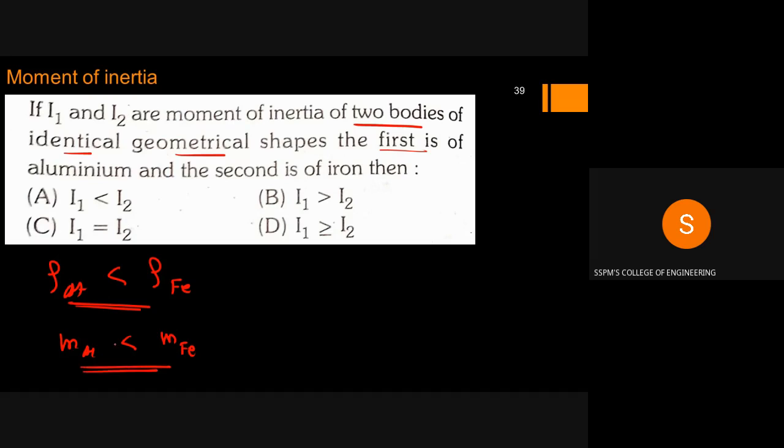And as mass is less, that means its moment of inertia I1 is less than the moment of inertia of the iron. So the moment of inertia of aluminum, I1, is less than that of iron. Okay, so the correct option is option A.